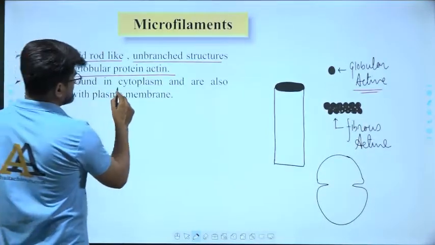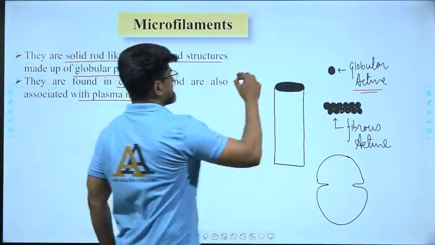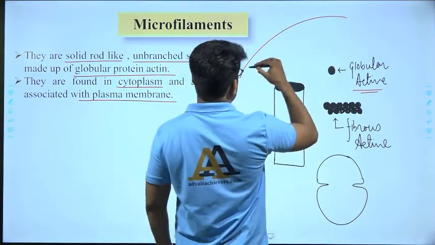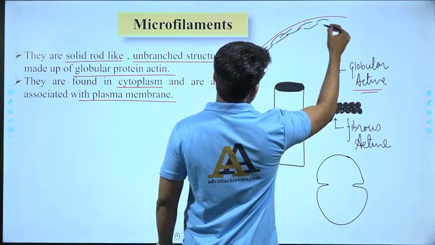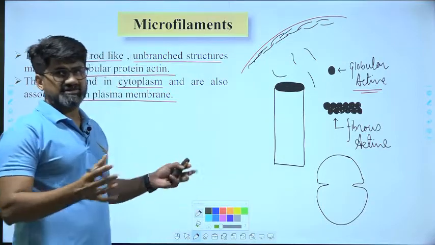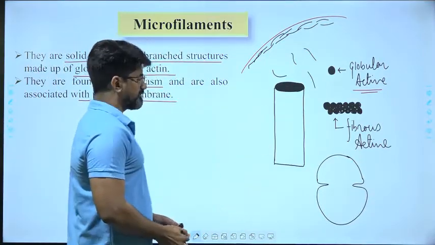They are found in cytoplasm and are also associated with the plasma membrane. Supposing that this is the plasma membrane, near the plasma membrane there is a layer of such microfilaments, and it is also found in the cytoplasmic region, right? So it is scattered as well, and it is also accumulated just inside the plasma membrane.